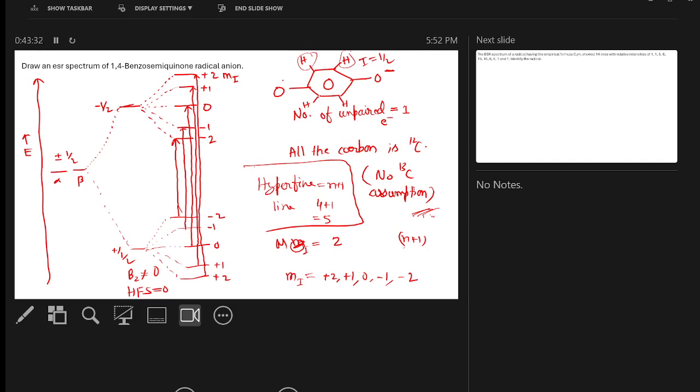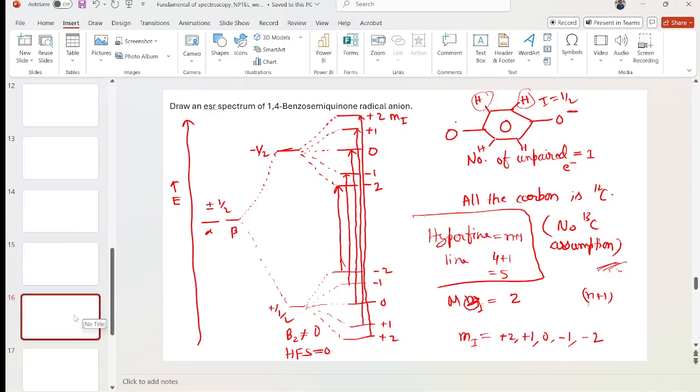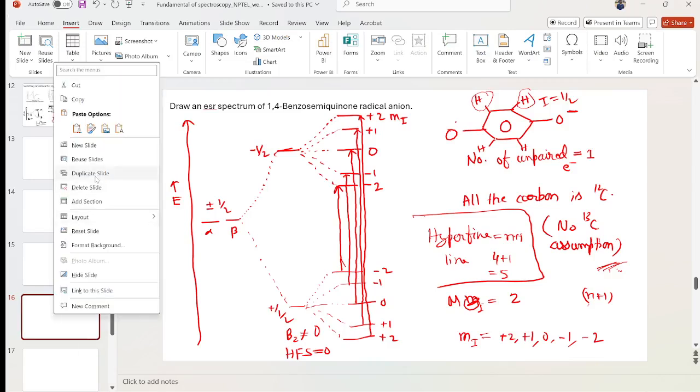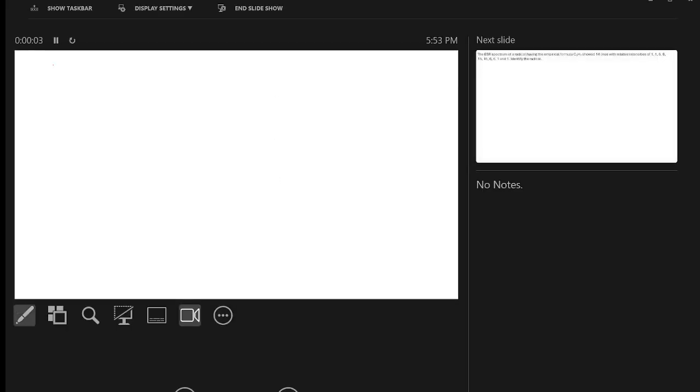How? Let's try to understand with the help of the binomial. So (a+b) to the power 5, because there are 5 peaks.